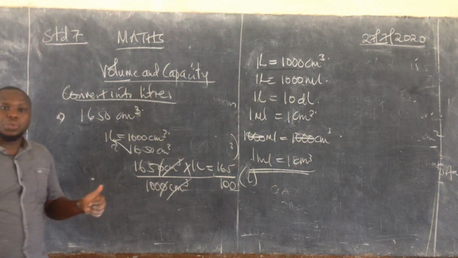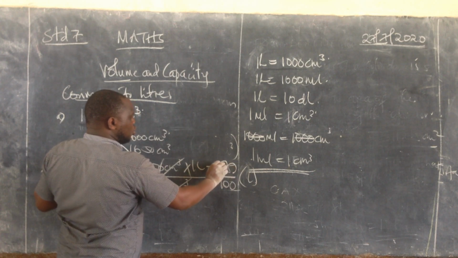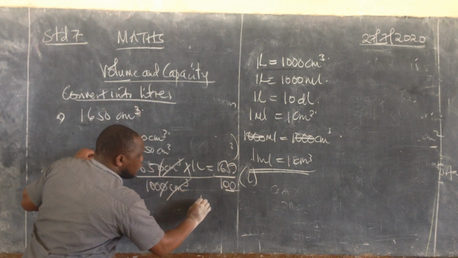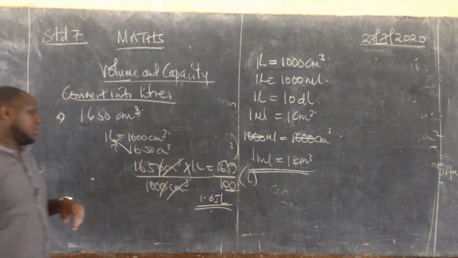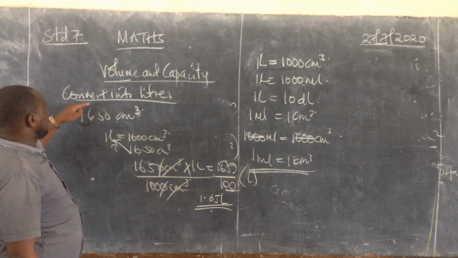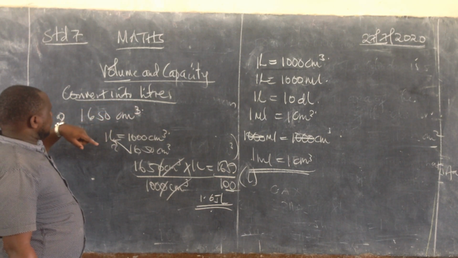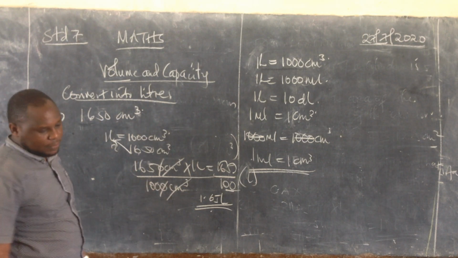So remember what I told you, when you're dividing with zeros, the decimal point moves to the left 2 times because there are 2 zeros. I'm going to give you 1.65 liters as your answer. Meaning that if you are converting cubic centimeters to liters, you simply divide by 1,000.